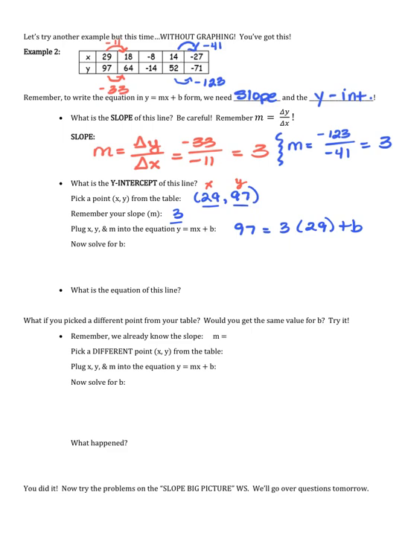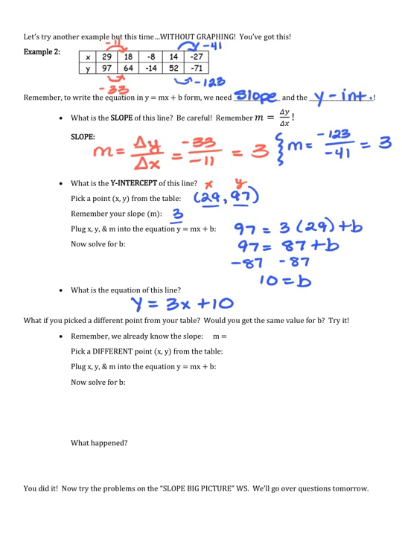Now I'm just solving this equation for b. I take 3 times 29, we get 87 plus b, subtract 87 from both sides, and we have positive 10 is equal to b. So our equation is y equals 3x plus 10.